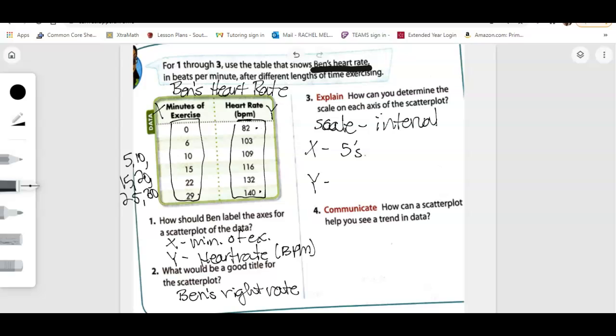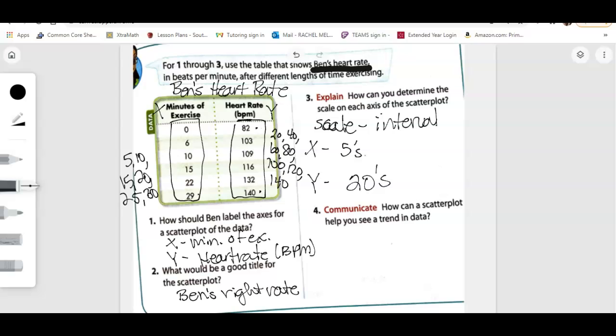So I'm thinking that what I might do there is maybe by 20s. If I have 20, 40, 60, 80, 100, 120, 140, I think that would be a pretty good interval there. So I would say that this would go by 20s.